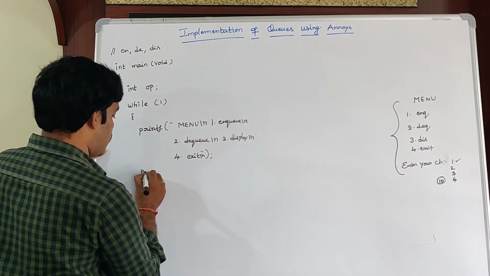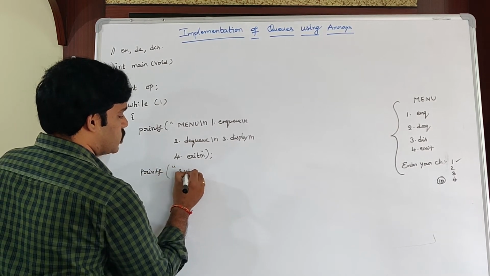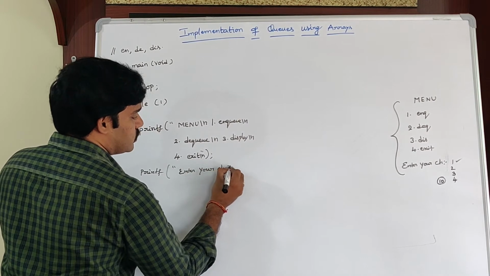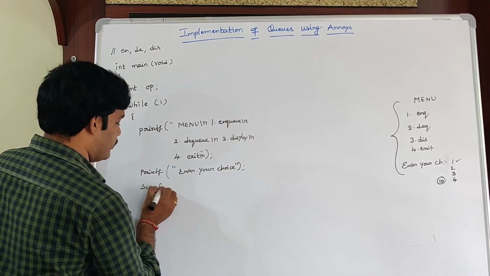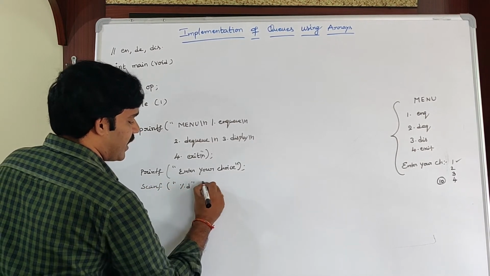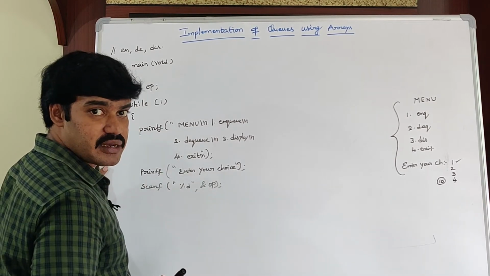Next, I am asking the user to enter your choice. Printf enter your choice. So read that one. Scanf %d comma ampersand op.